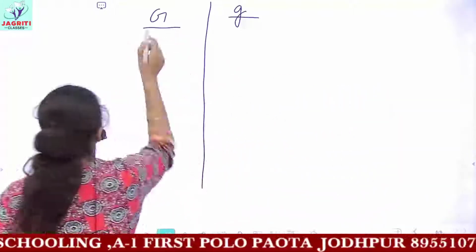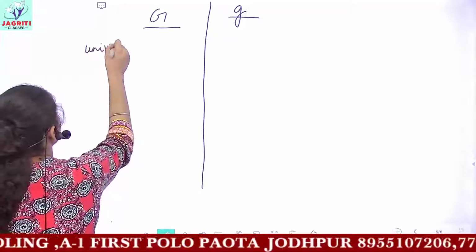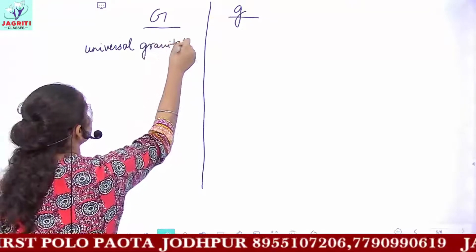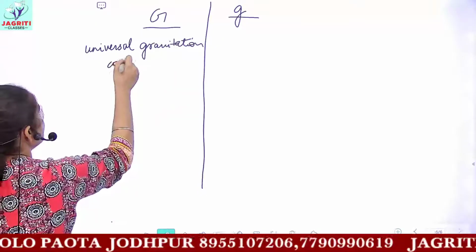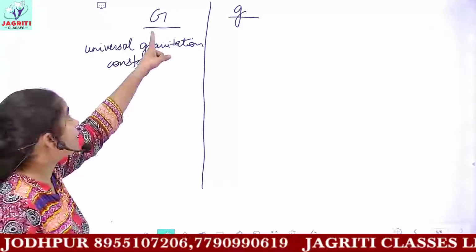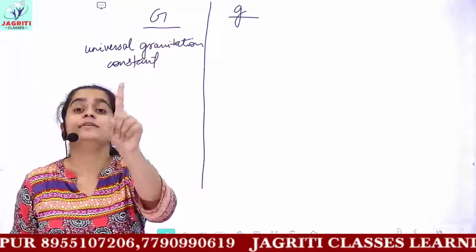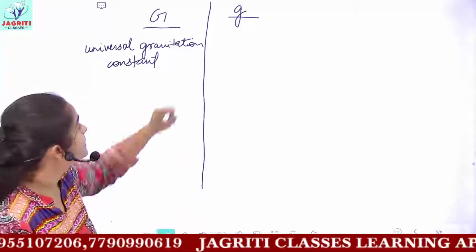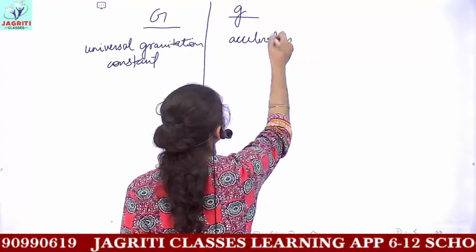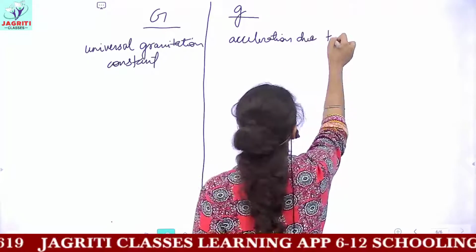This capital G is called the universal gravitation constant. We have read this capital G in the derivation of the universal law of gravitation, whereas this small g is known as acceleration due to gravity.